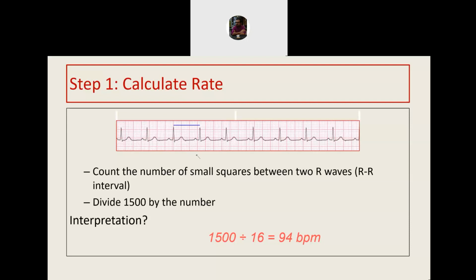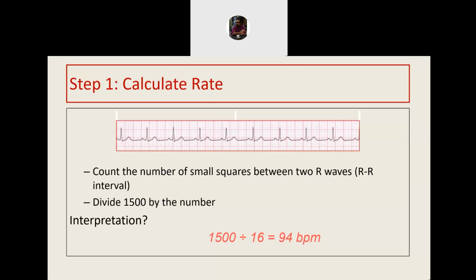Whatever you do, you approximate to the nearest whole number. So suppose I am taking it as 16. So 1500 divided by 16 is 94. Therefore, the average heart rate is 94 beats per minute. So it's a very simple method. Count the number of small boxes between two R waves, divide 1500 by that number. What you get is the heart rate per minute.